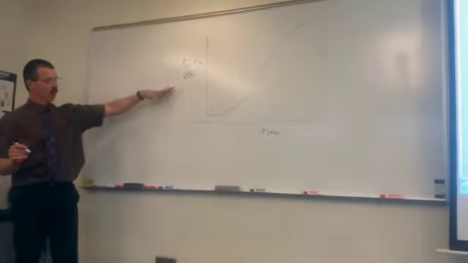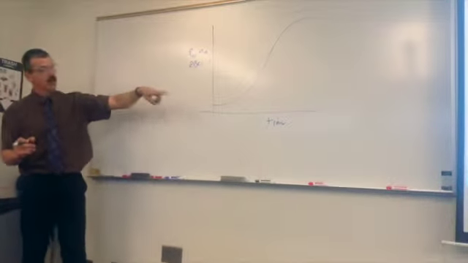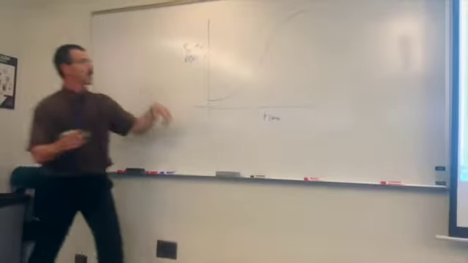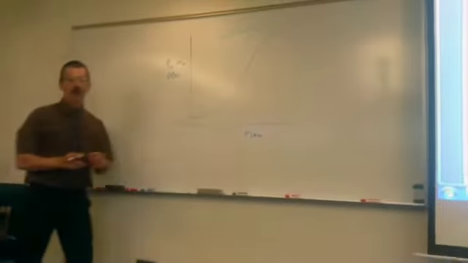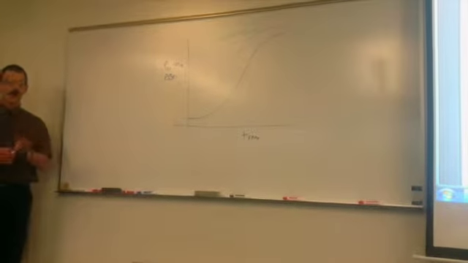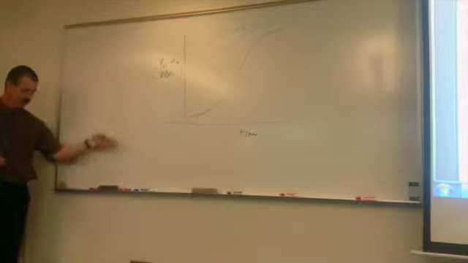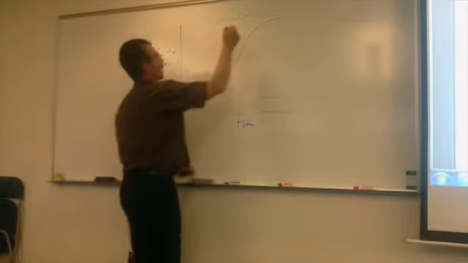So let's review. Things that make it go to the right are things like more acid and more temperature. I have less acid in my body because I just blew it all away. So my curve will shift to the left or up. Make sense? Tell me what that means in terms of unloading for oxygen. Less unloading, right?